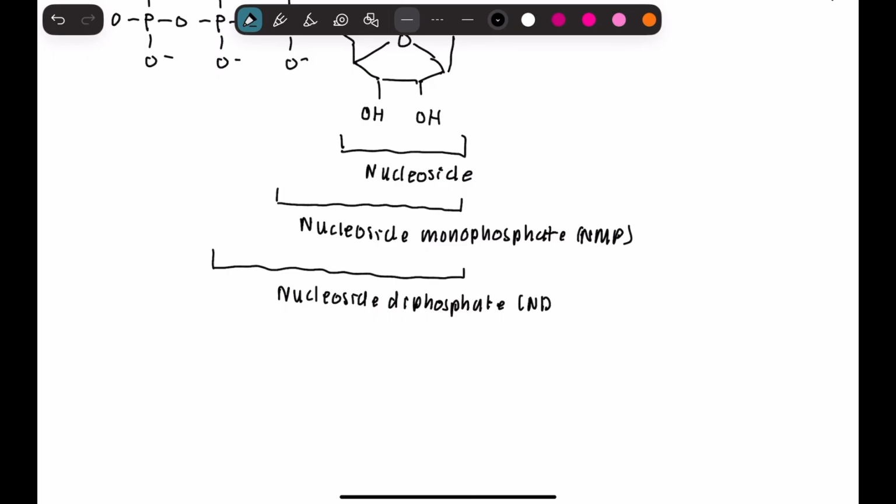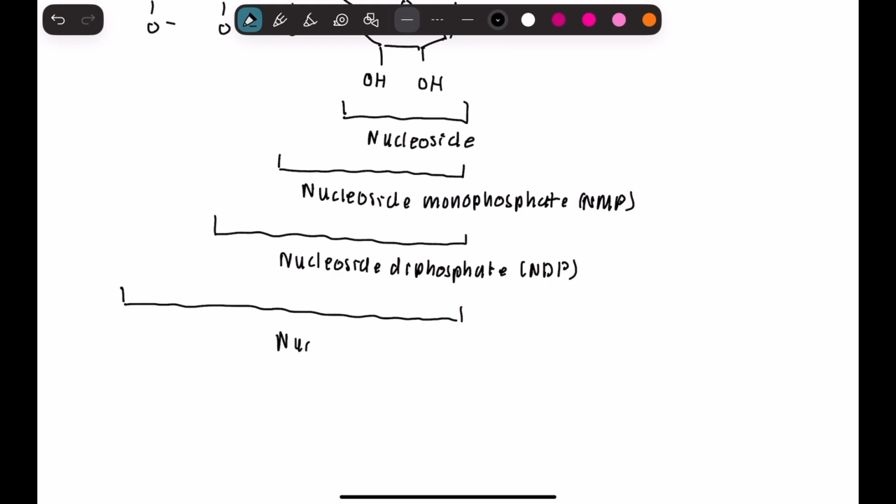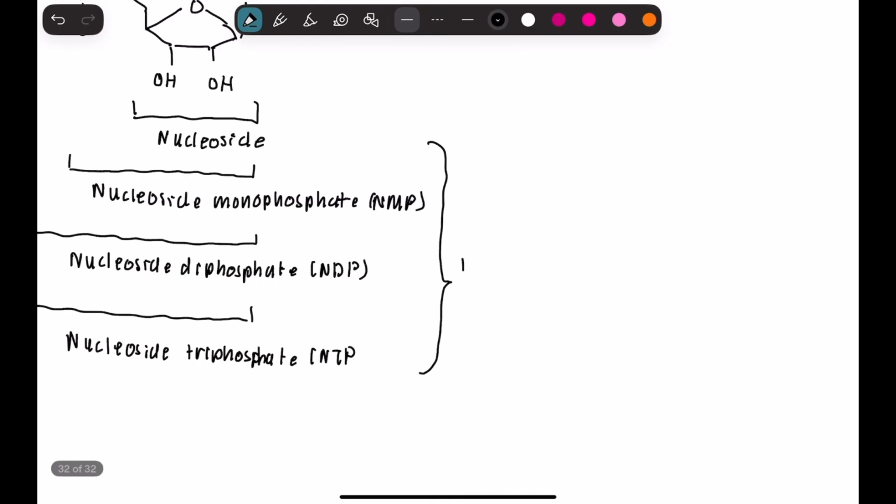That's an NDP. And then this is going to be a nucleoside triphosphate. So here we can see all the levels: NMP, NDP, and NTP. These are all different types of nucleotides.